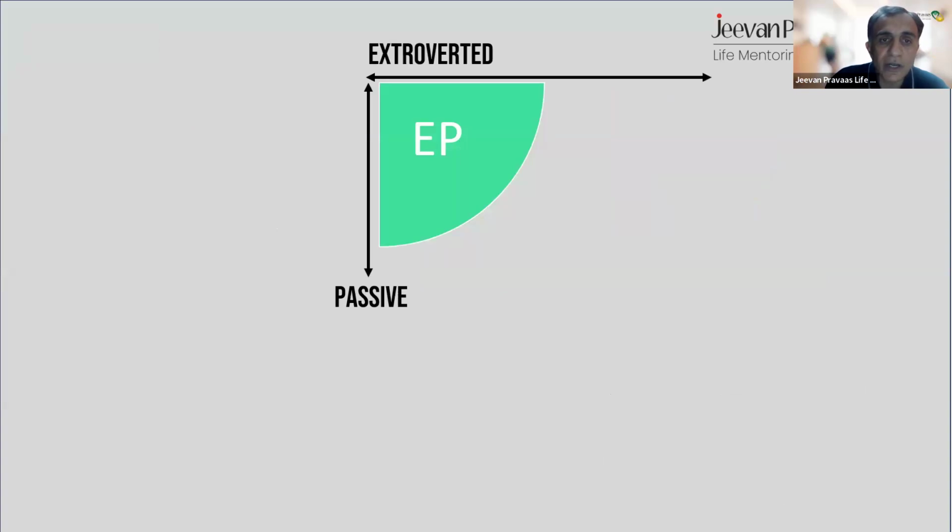The last quadrant is extroverted and passive. So what will be the key characteristics of this person? Extroverted is friendly with people. Passive is cool.